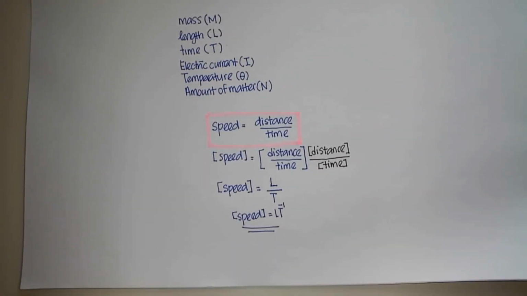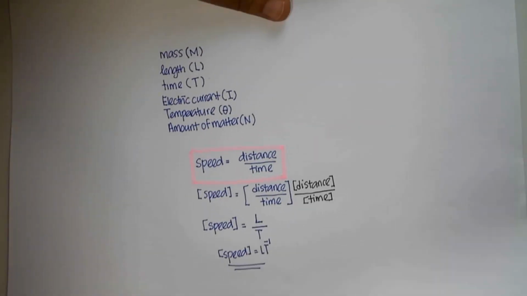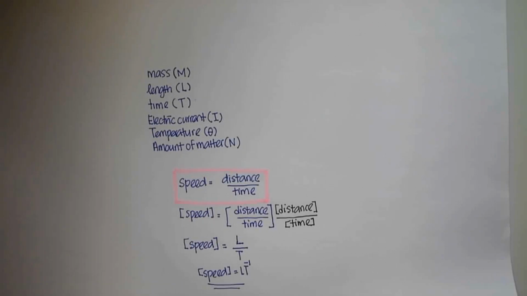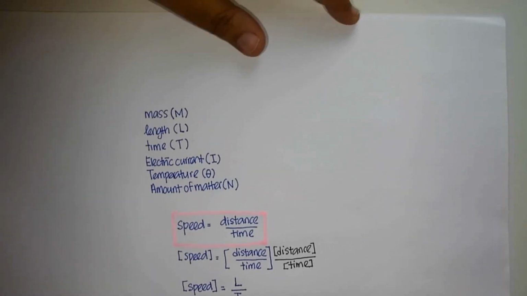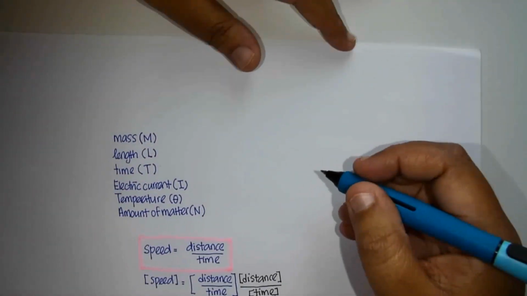Now I give you another example. Instead of writing the formula in words, I can also write the formula in symbols. Next, I want to find the dimension of acceleration.